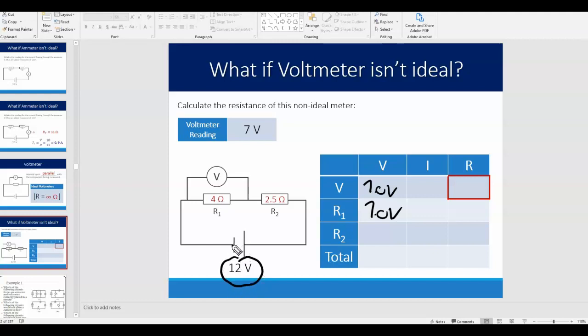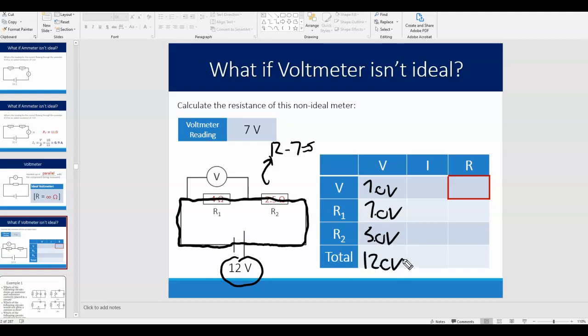If you think in terms of the loop rule, if I go up 12 and I go down this many volts, and then I go down 7 volts here, I have to get back down to 0, which means the voltage across R2 has to be 12 minus 7, which is 5. So R1 has a voltage of 7 volts. The total voltage is 12.